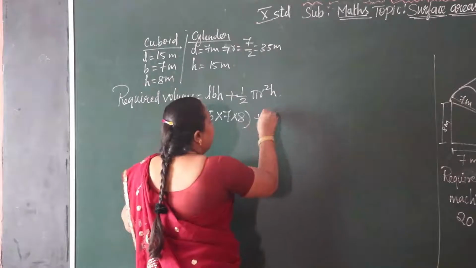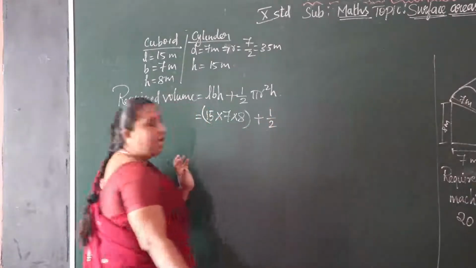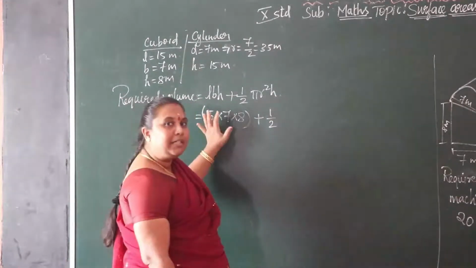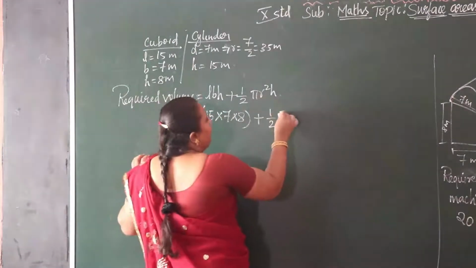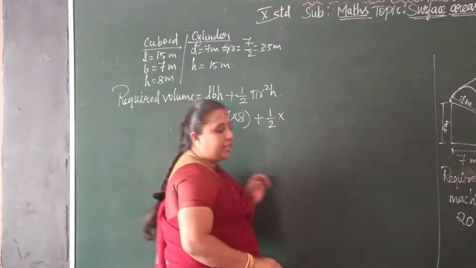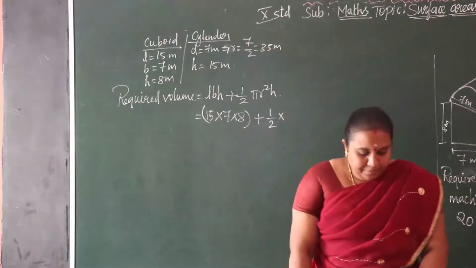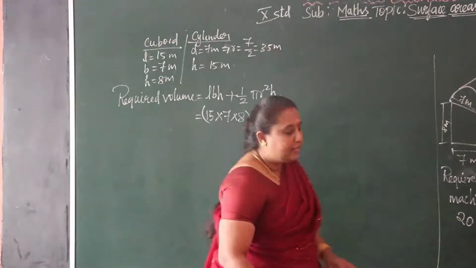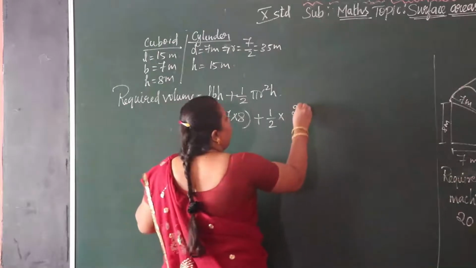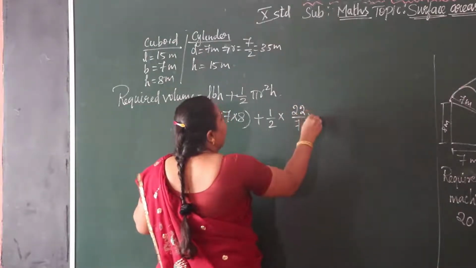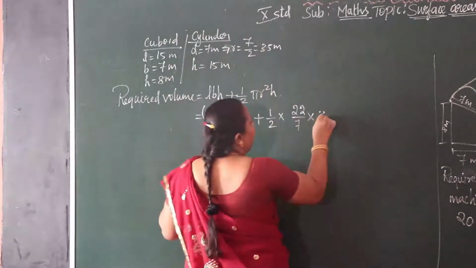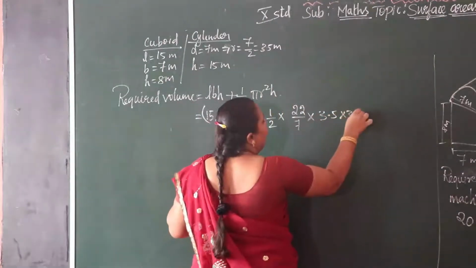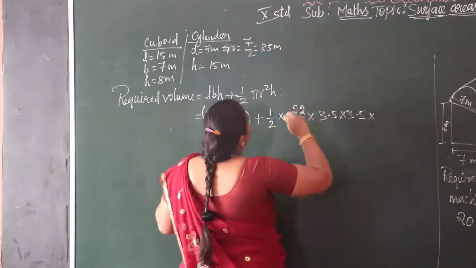So my children are very active. You have to multiply these numbers. The pi value is given in your textbook, so 22 by 7. So 22 by 7 into r value 3.5 into 3.5 into h.